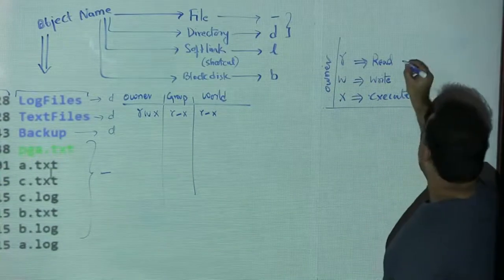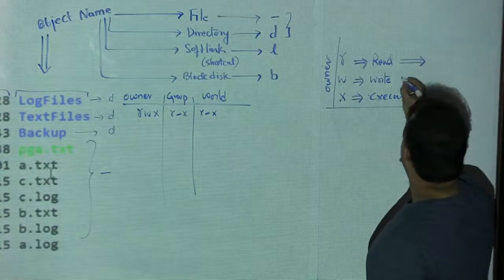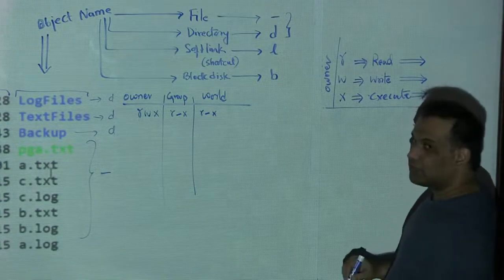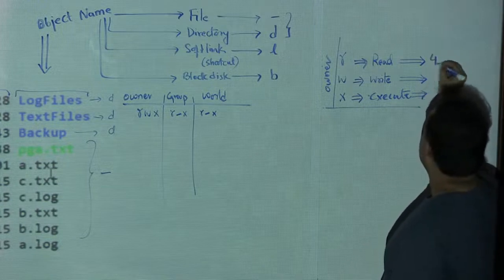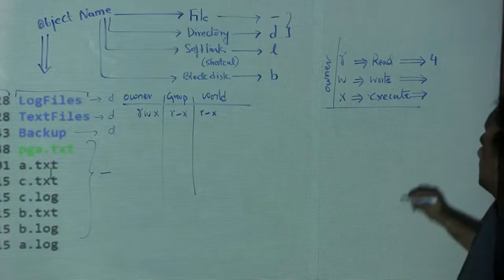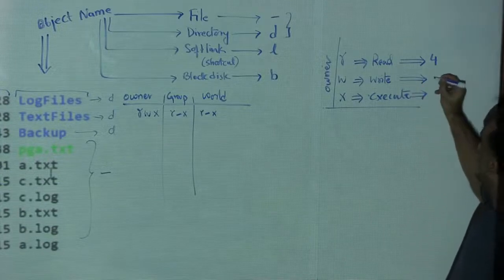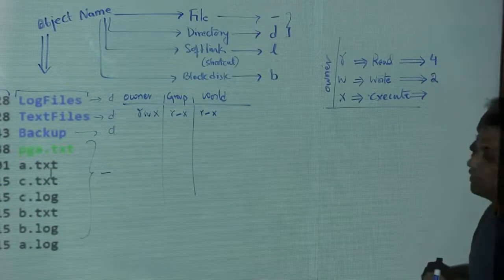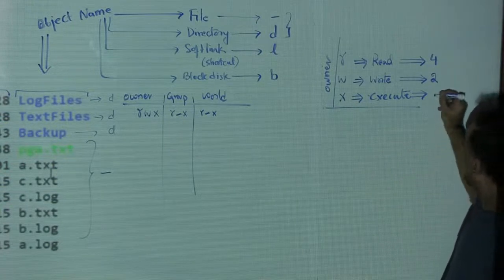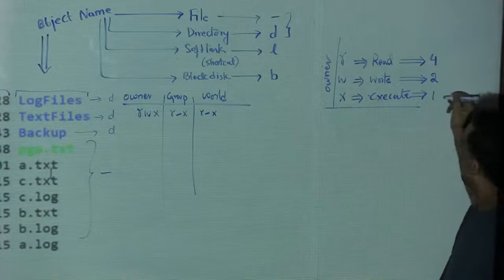All right, now there is a mathematical formula for this. Anywhere you see read, you are giving the number 4 to it. Anywhere you are seeing write, you are giving the number 2 to it. Anywhere you are seeing executable, you are giving the number 1 to it.